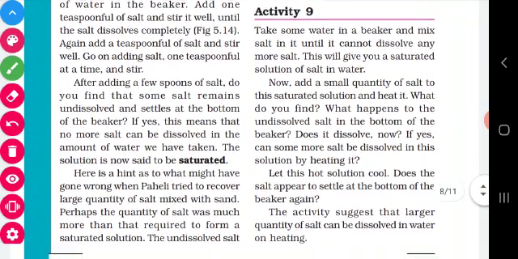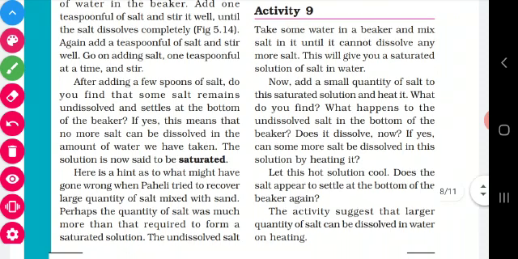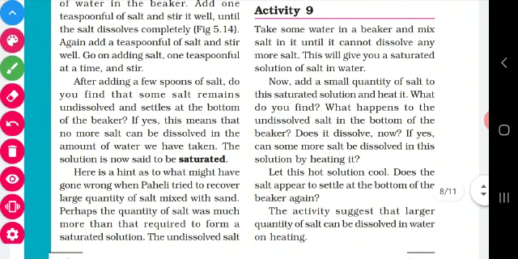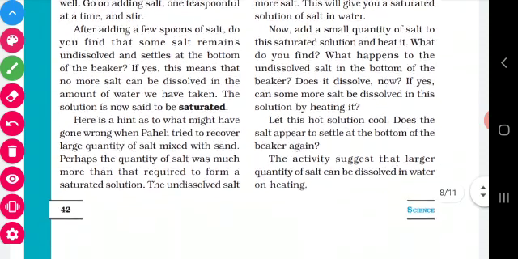We can heat the content. If we heat the content, some salt will dissolve in water and we can make the saturated solution into an unsaturated solution. Or else, what can we do? We can add a little amount of water.